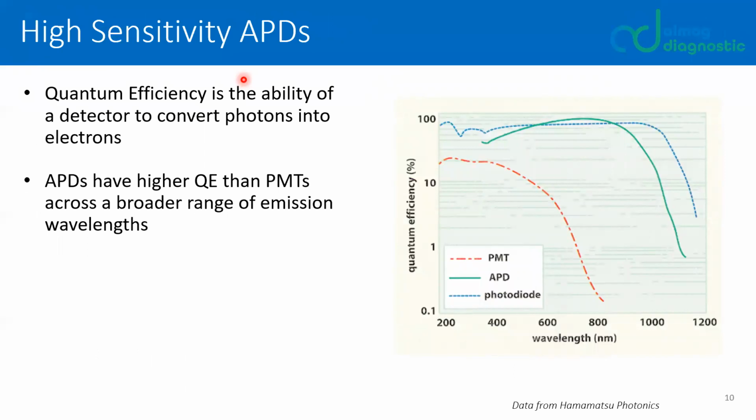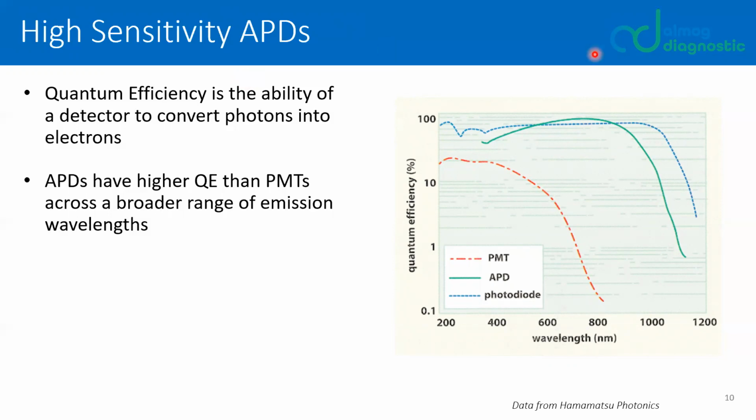So as mentioned before, Cytek is using highly sensitive APDs instead of the traditional PMTs for their Aurora and Northern Lights systems. The sensitivity of a detector is measured by quantum efficiency. It is the ability of a detector to convert photons into electrons and finally into a signal.